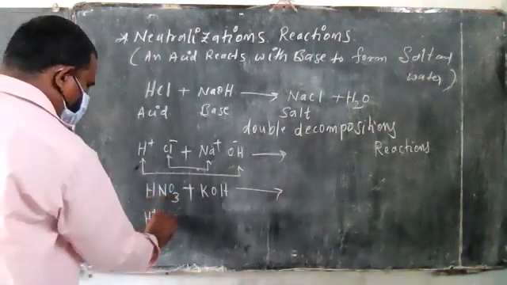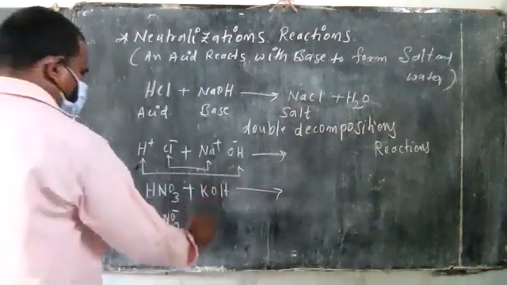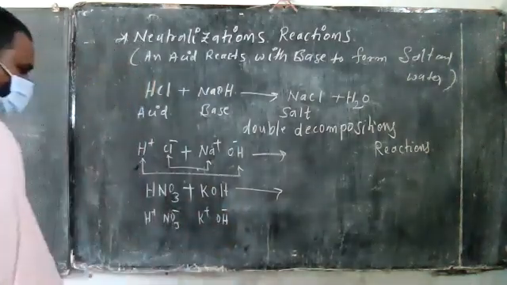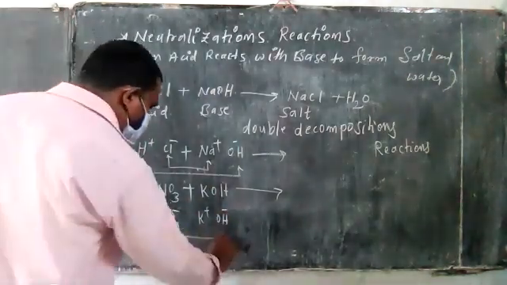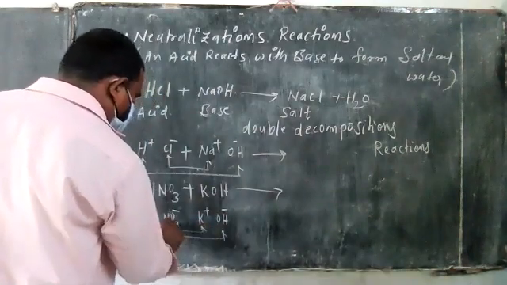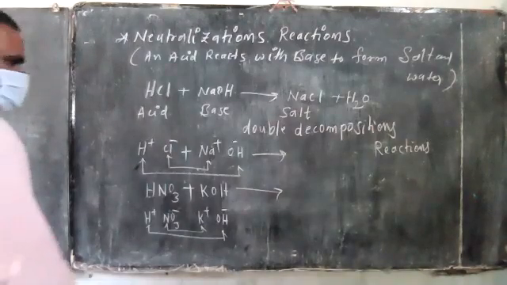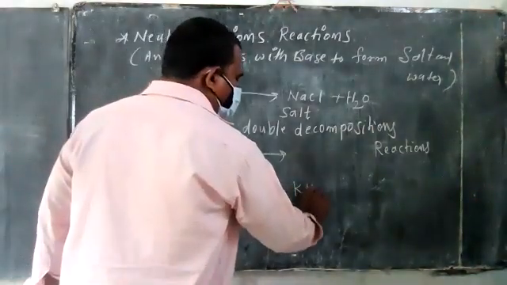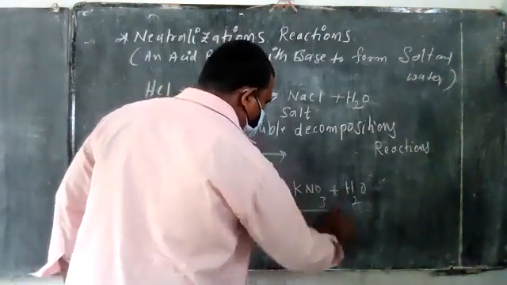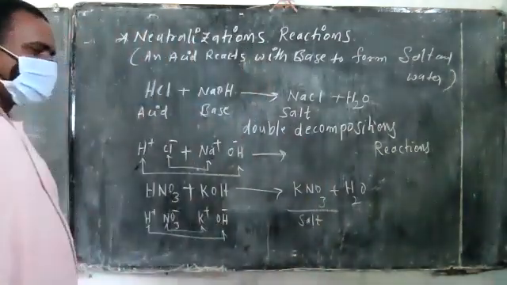The H plus combines with the OH minus, and the K plus combines with the NO3 minus, forming KNO3 plus H2O. This potassium nitrate is also a salt.